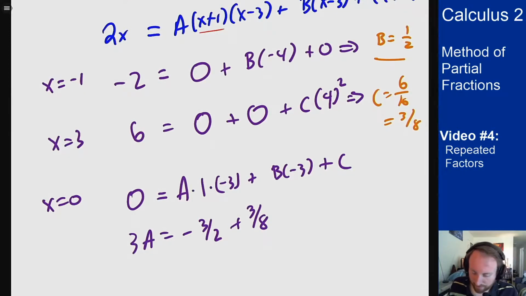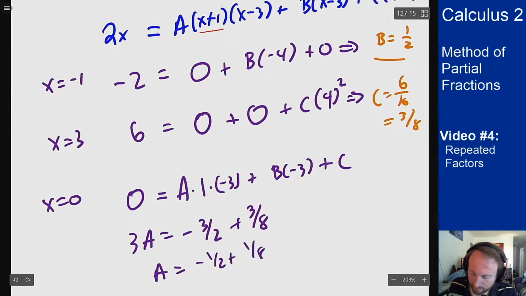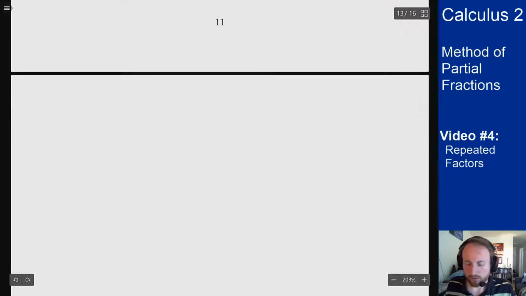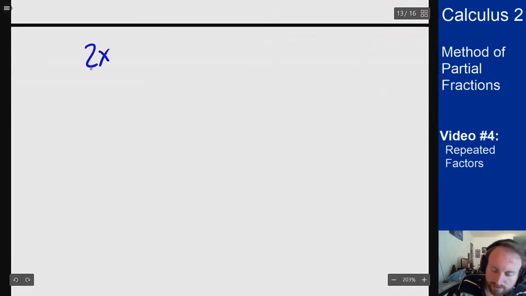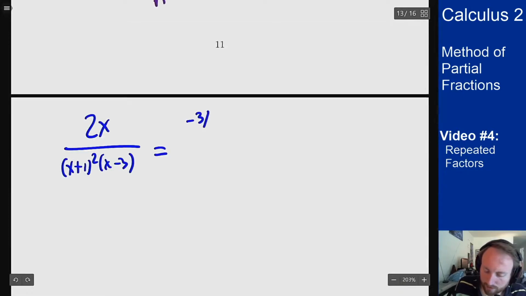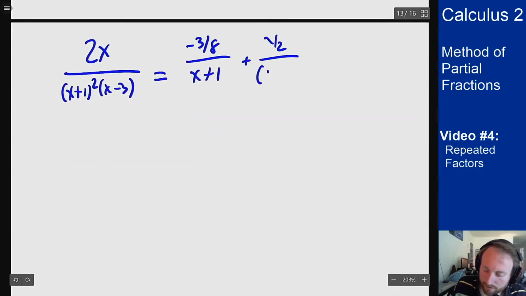I can divide everything by 3, so then A is negative 1/2 plus 1/8, which is negative 3/8. So then I have my partial fraction expansion, which gives me that 2x over x plus 1 squared times x minus 3 is equal to negative 3/8 over x plus 1 plus 1/2 over x plus 1 squared, and then plus 3/8 over x minus 3.